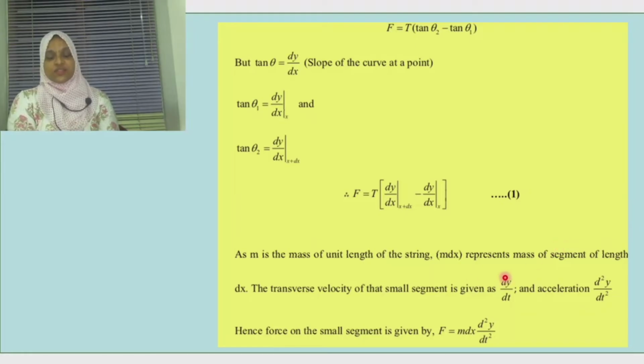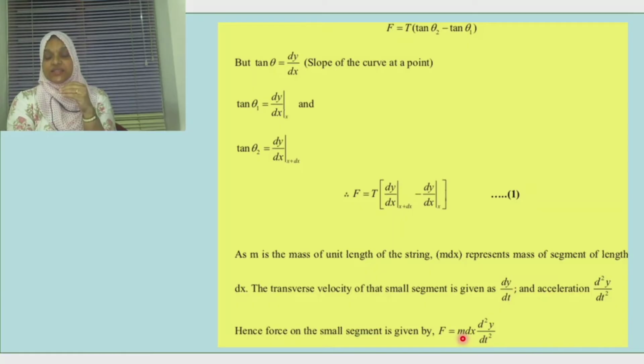The transverse velocity of that small segment will be given as dy by dt. For that small element, dy by dt represents the velocity, and d square y by dt square represents the acceleration. So what will be the force on a small element according to Newton's second law of motion? That will be equal to mass into acceleration.